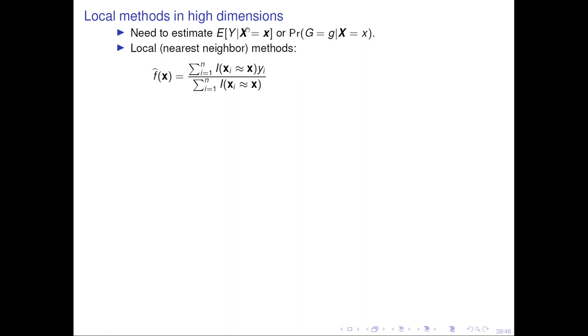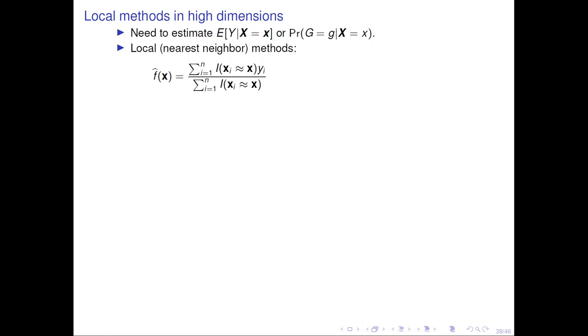That's the optimal thing to use if we want to predict with this square error loss function. If we have classification, actually we need to find the class that has the highest probability. That would be the optimal in that case. But let's concentrate on this expectation.